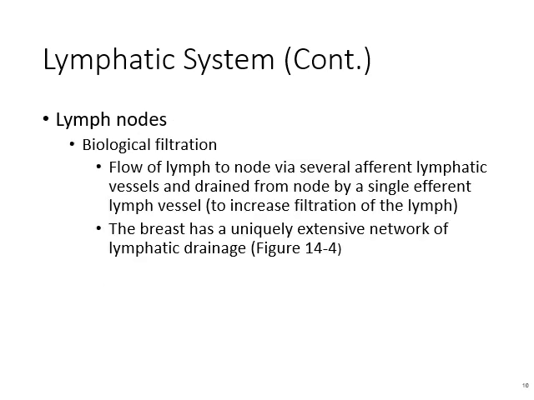The function of the lymph nodes is biological filtration. The lymph flows to the node by way of the afferent lymphatic vessels and drains from the node through a single efferent lymph vessel, which increases the filtration of the lymph.